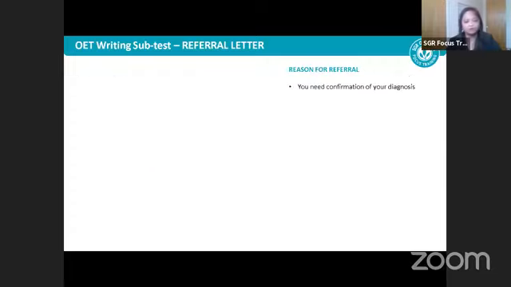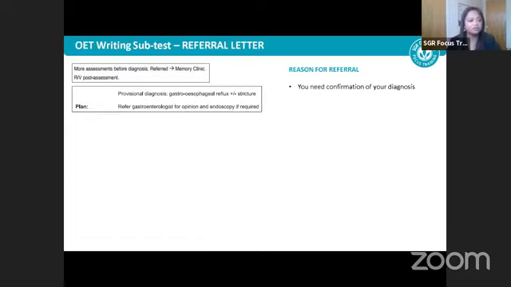Okay, so always try and understand as well what is the reason why you are writing a referral letter. For a referral letter, there are various different types of reasons. Sometimes you will be asking for confirmation of your preliminary diagnosis. So for example, this is you saying that you need more assessments before diagnosis and you'd like to refer the patient to a memory clinic, and you're going to review after the assessment.